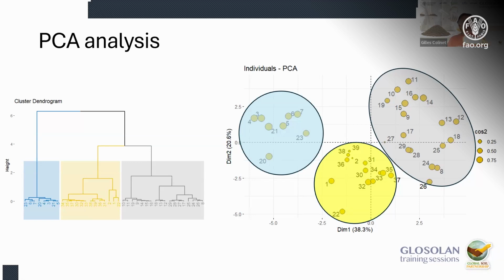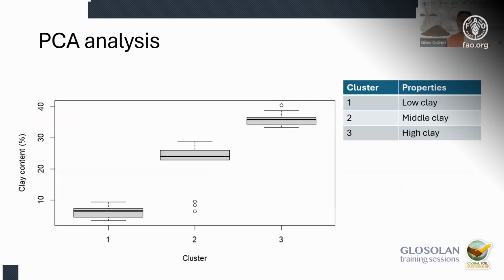When you just make a separation, you have 3 groups, and I just try to see, okay, but now that I have my 3 groups, I try to characterize what makes their differences. For example, here, you look at the clay content of your 3 groups, and you can say, okay, first group is low clay, second middle clay, and the third high clay content.